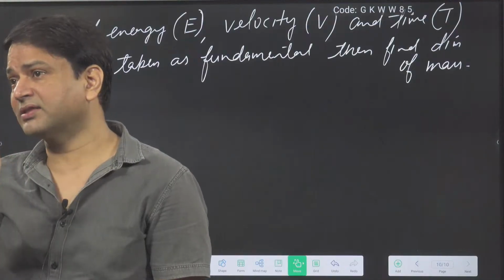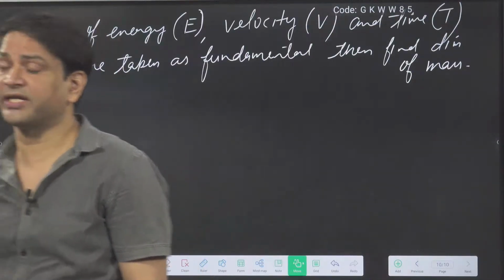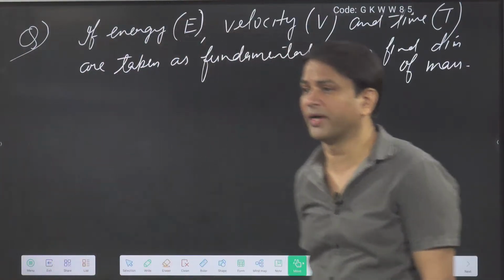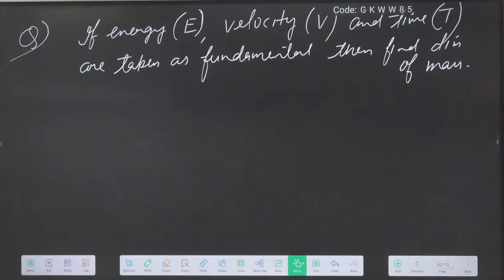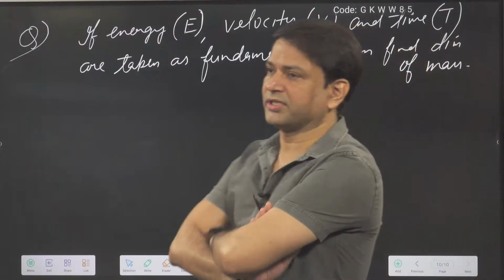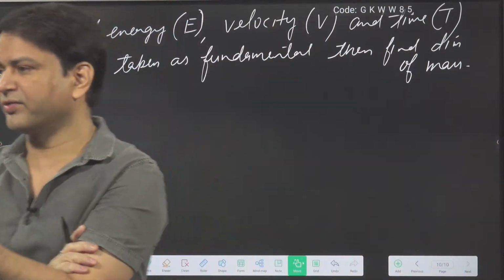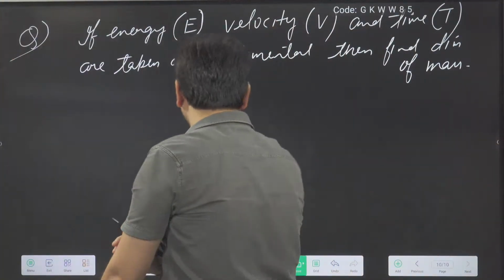So mass, energy, velocity, if these three quantities are there, which formula will come in your mind? Energy, velocity and half, very good. K is equal to half mv square.